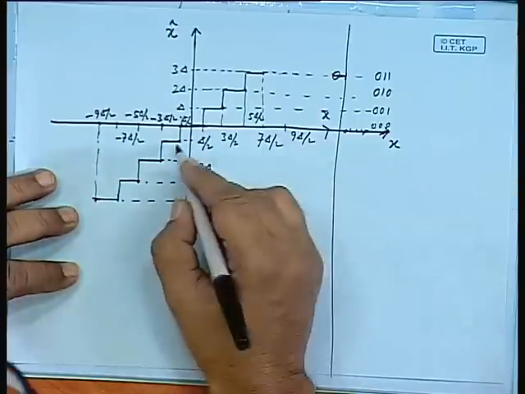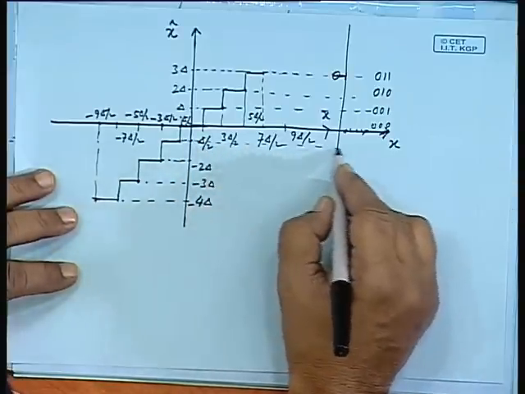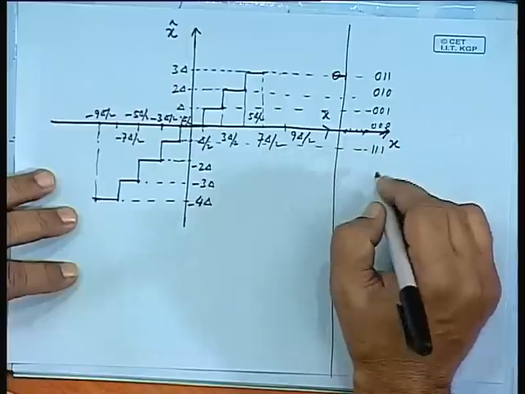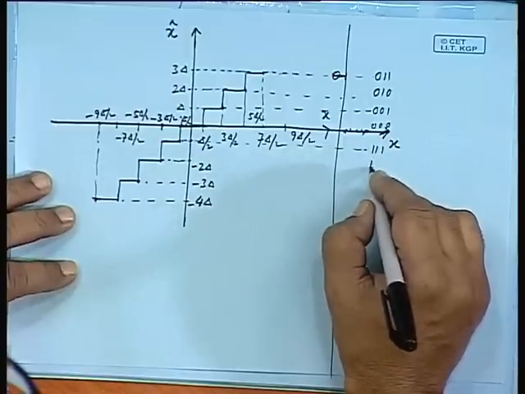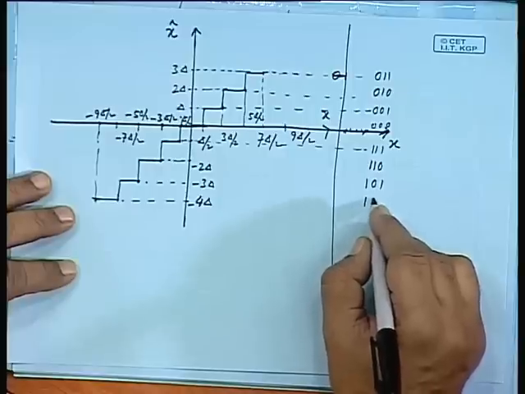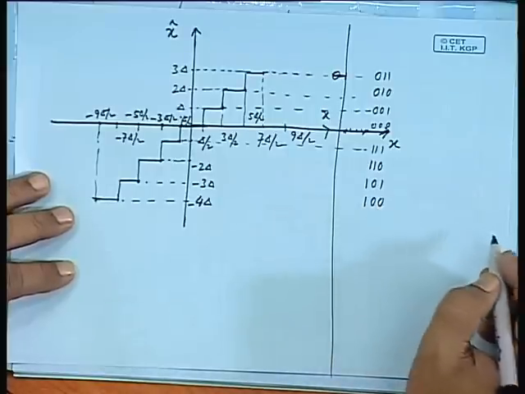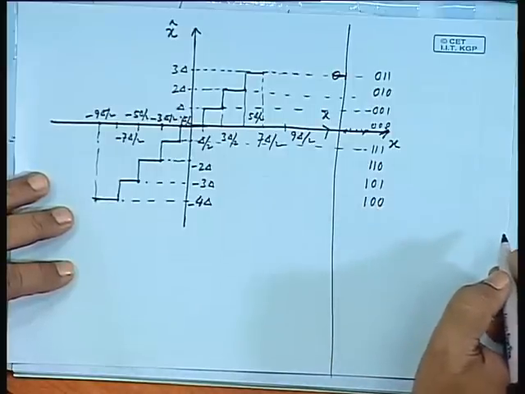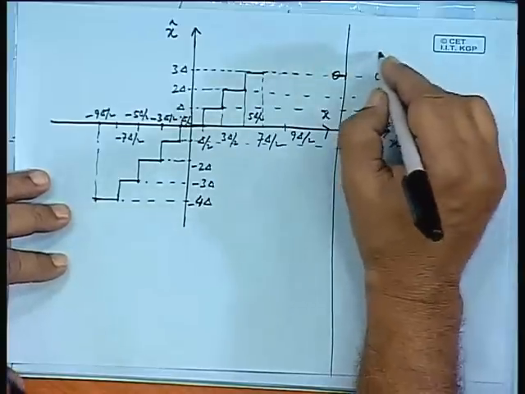Okay. Then this one is 1 1 1, 1 1 0, 1 0 1, 1 0 0. Okay. This is 2's complement.